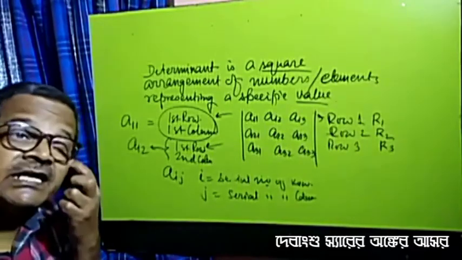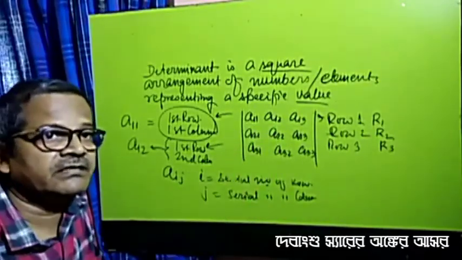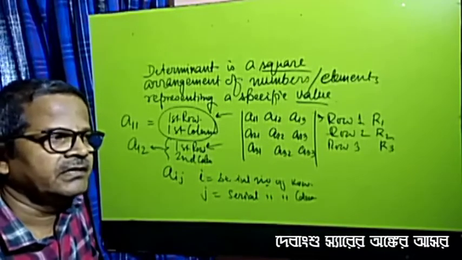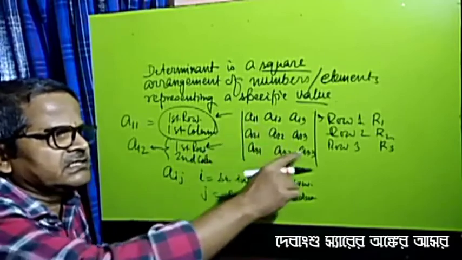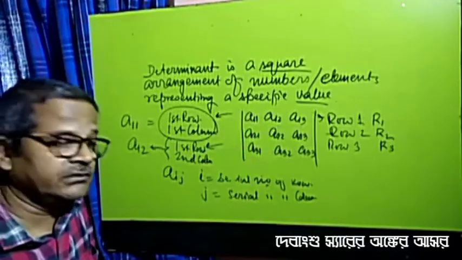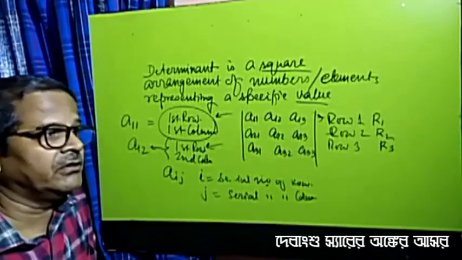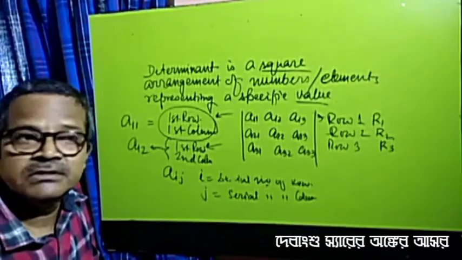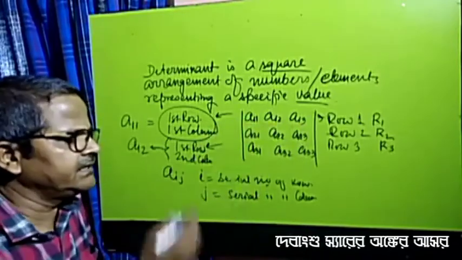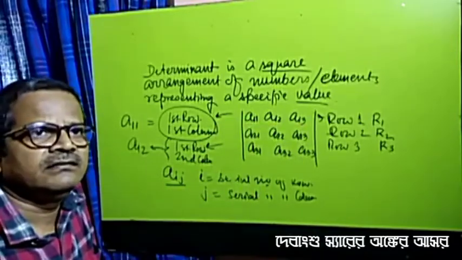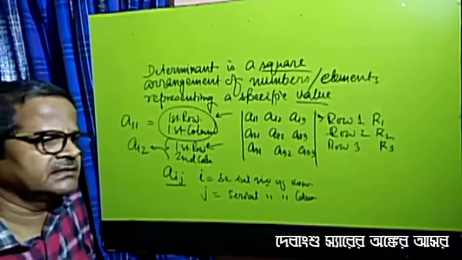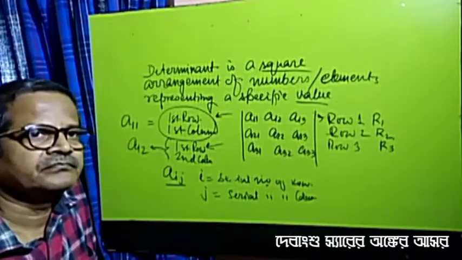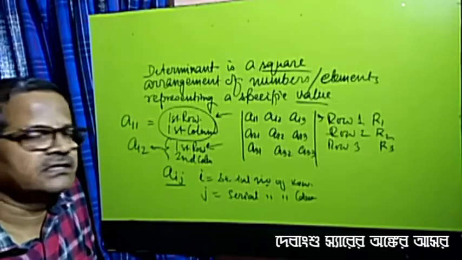This is the general expression of a third order determinant. So these are different values. They may be all equal, may not be all equal, may be all zero, may not be zero. Here the Aij are normally real numbers. Sometimes they may be variables also. So this is third order.